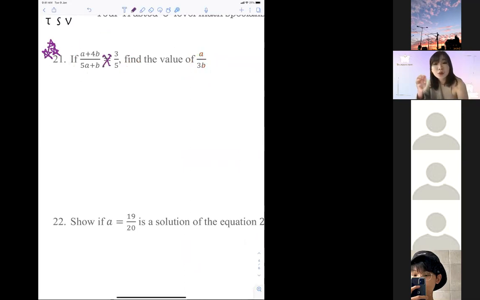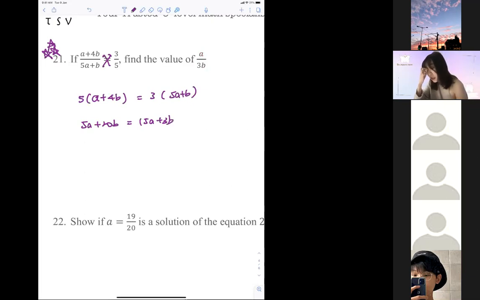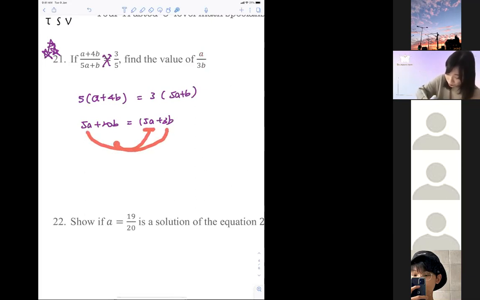First thing, cross multiply. You can't solve if everything is in a fraction. So you break the fraction. Expand. The key here is A one side, B one side. So 5 bring over, this one bring over.